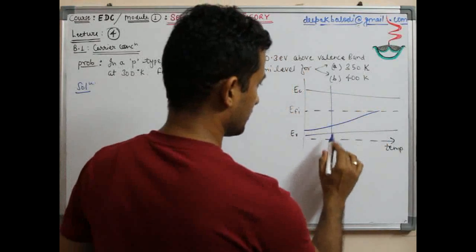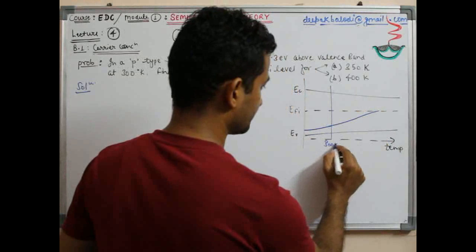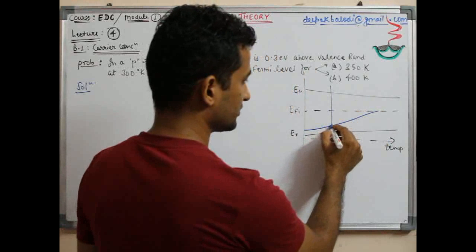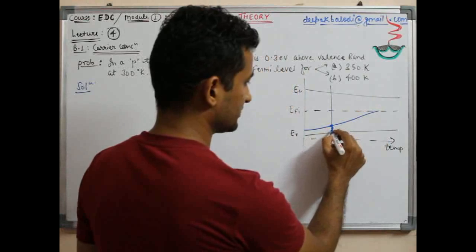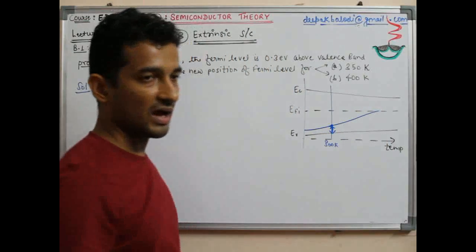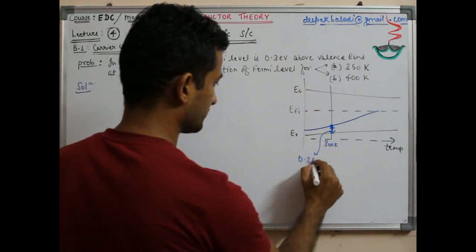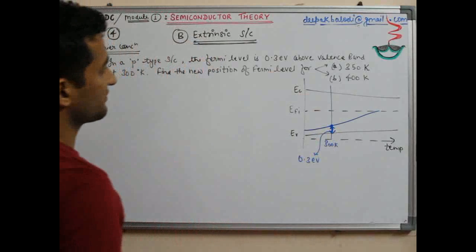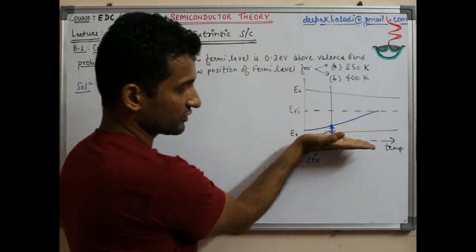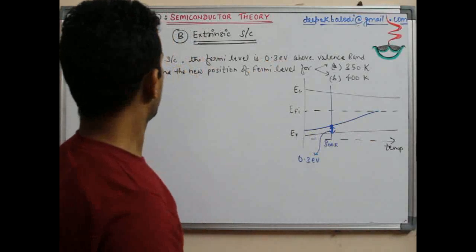So earlier at room temperature, this is the case, and this difference is given as 0.3 electron volts, because it is said that the Fermi level is 0.3 electron volts above the valence band.